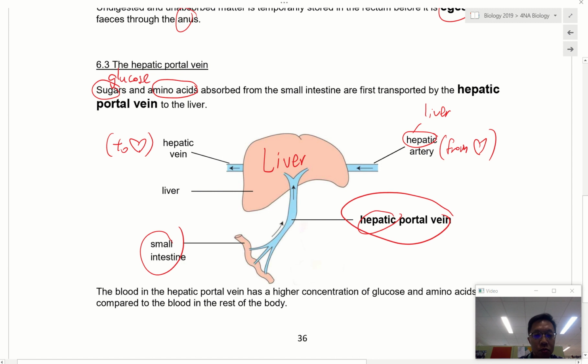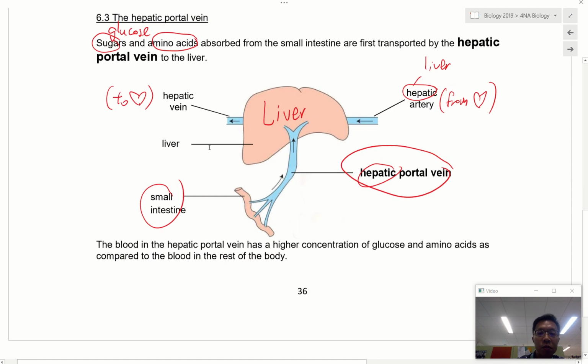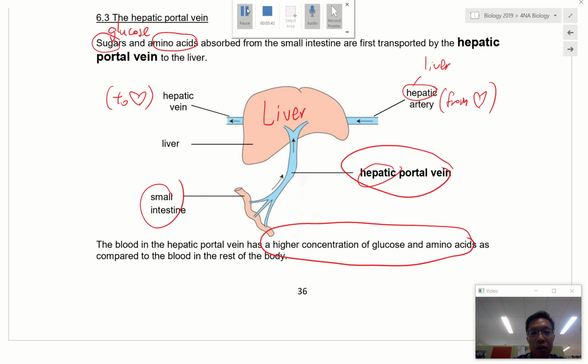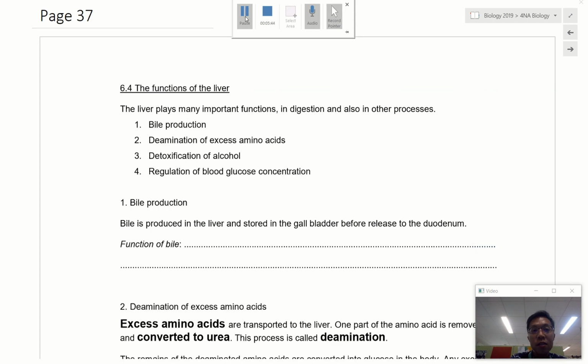One thing that you want to note, because of the things it's transporting, is that the hepatic portal vein has a very high concentration of glucose and amino acids, and this is something that you will want to highlight as well.